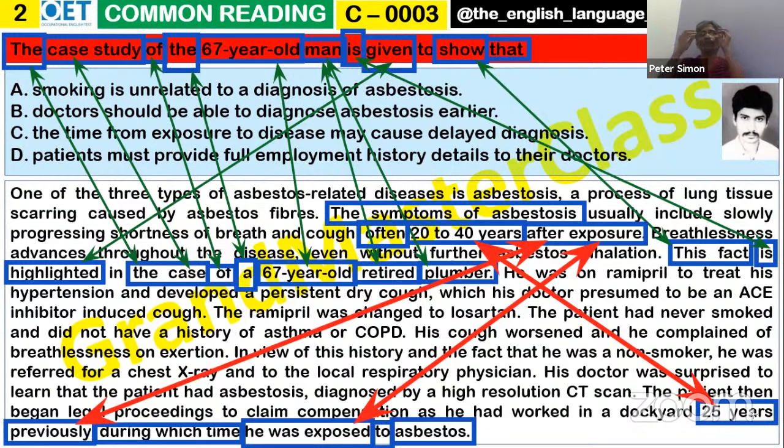Now we found some relation here. Now from here we'll go there. 20 to 40 years is a delay. 25 years is again a delay. Exposure is before, 25 years previously, during which time he was exposed.